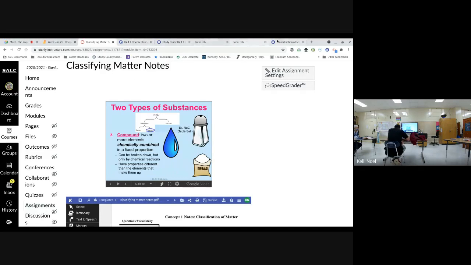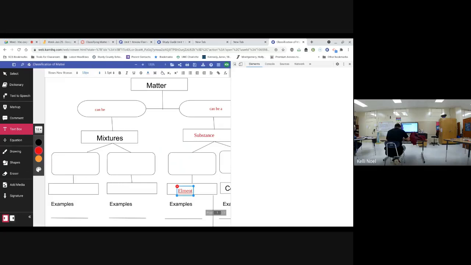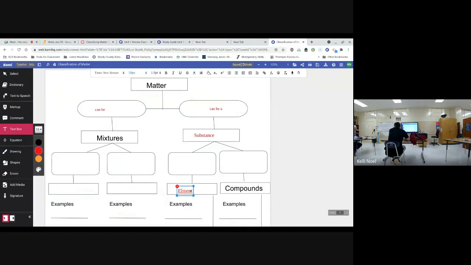So we're going to put in that blank here, element, because that is the second type. Now, I'm going to think of connecting.